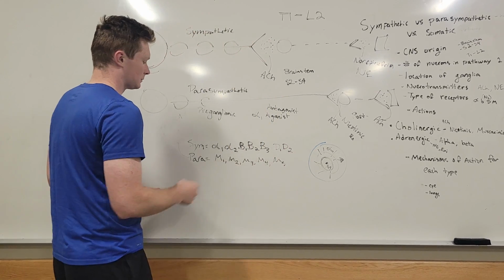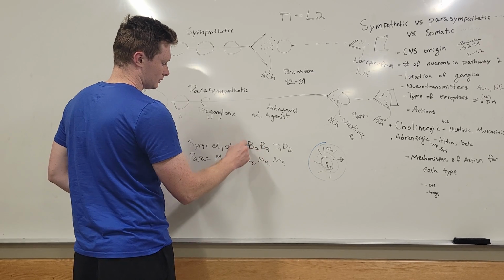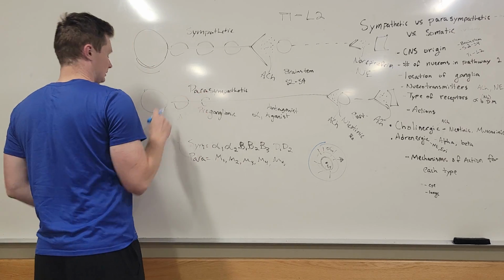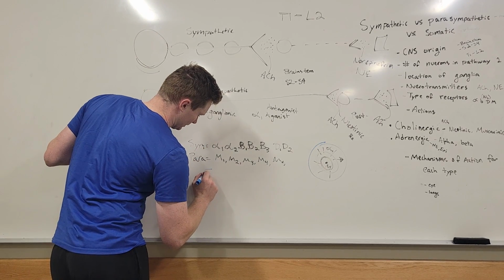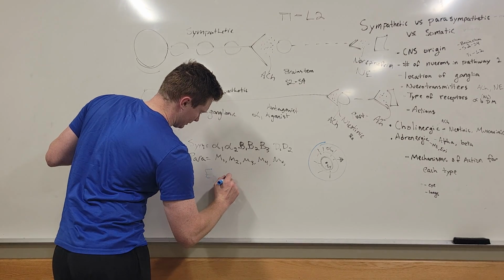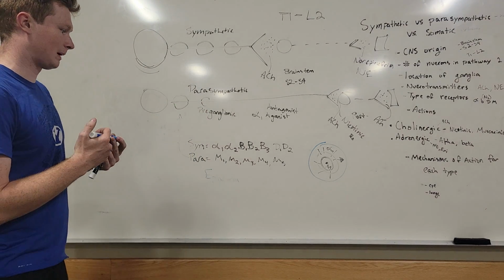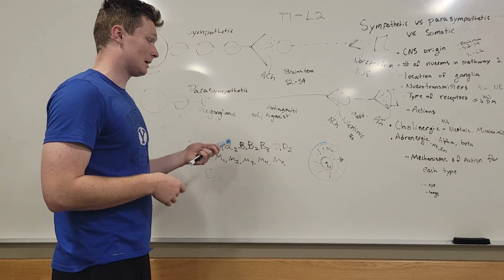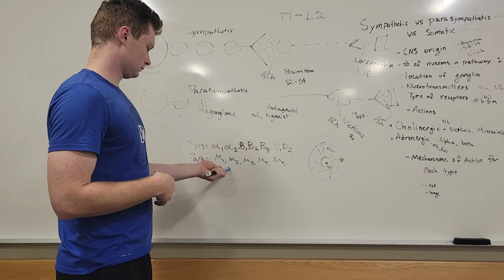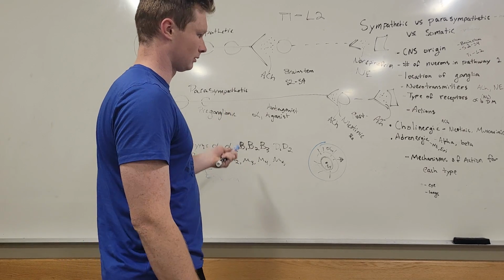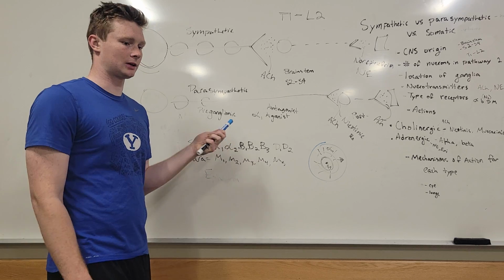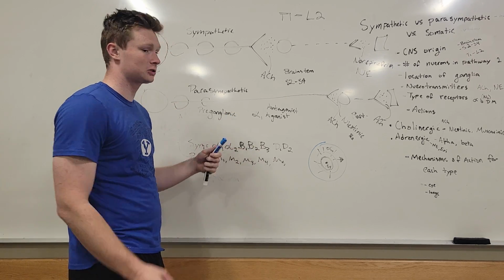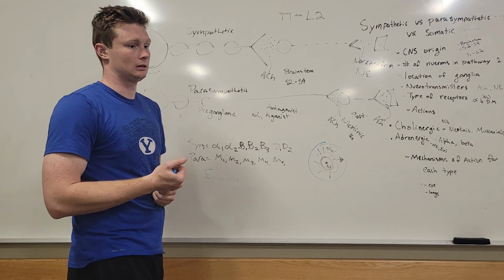So what happens is B2 binds really strongly with epinephrine and opens up those lungs, while muscarinic actually closes, constricts those. So if we had a strong B2 response, it would actually counteract the muscarinic.